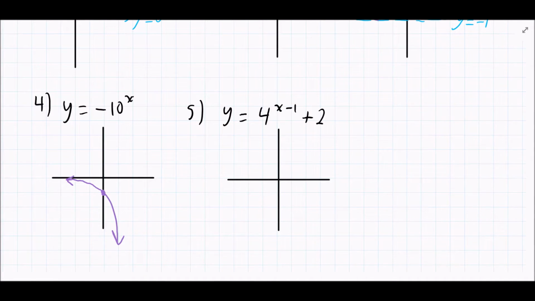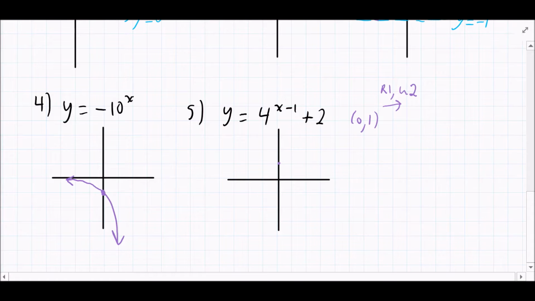So for this one, it's been moved. Remember, minus 1 means to the right 1 and up 2. So if our reference point was at 0, 1, but I want to move it to the right 1 and up 2.